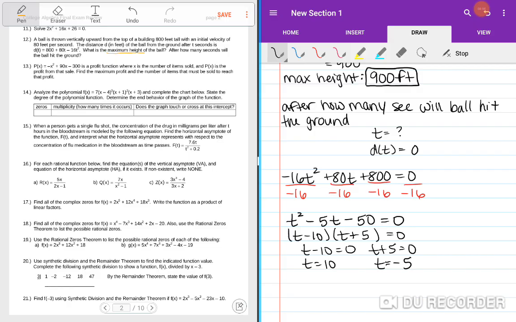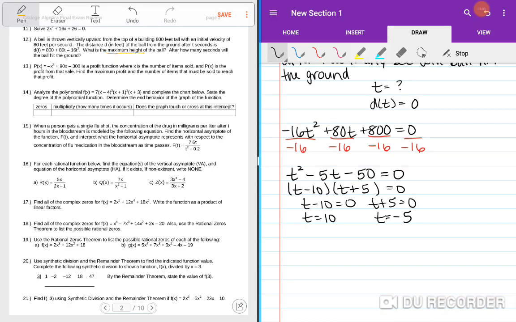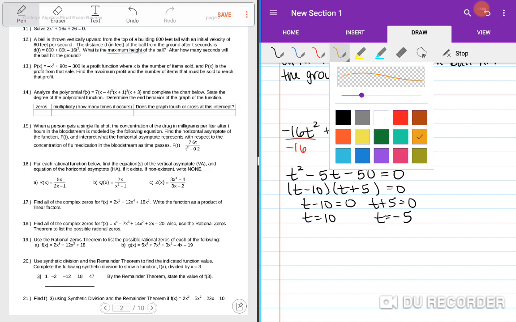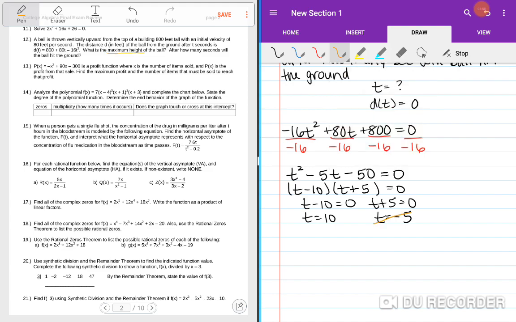Now, negative 5, of course, for time, it doesn't really make sense, so we'll eliminate that as a choice. And that means that it takes 10 seconds for the ball to hit the ground.